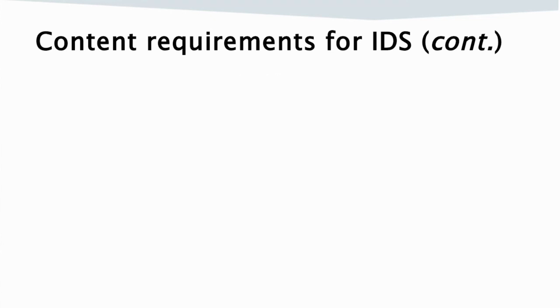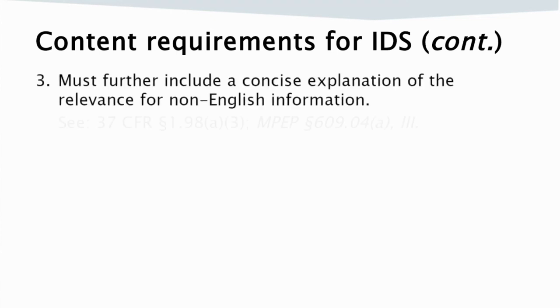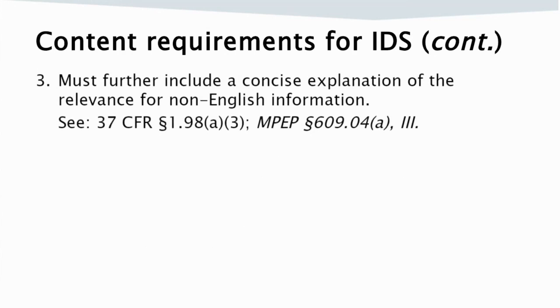Each information disclosure statement must further include a concise explanation of the relevance, as it is presently understood by the individual designated in 37 CFR 1.56c, most knowledgeable about the content of the information listed that is not in the English language.